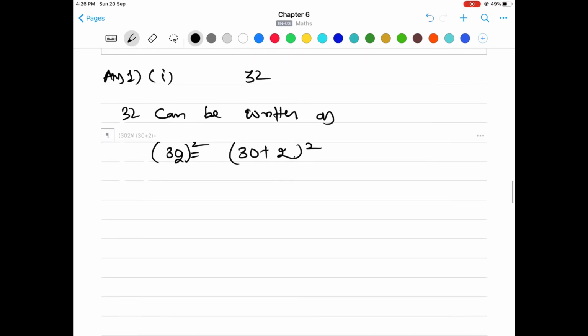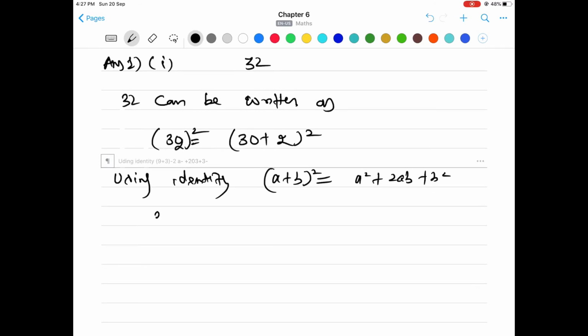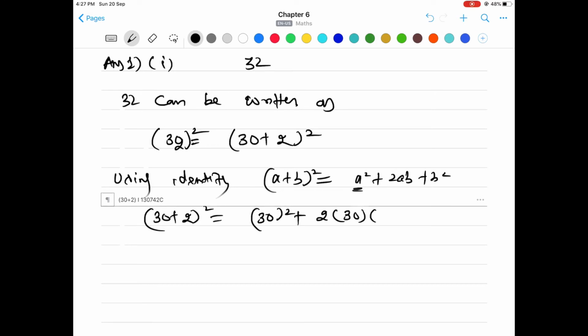Now we'll use the identity, which is a plus b whole square equals a square plus 2ab plus b square. Using this identity, 30 plus 2 whole square equals the square of 30, plus 2 into 30 into 2, plus 2 whole square.